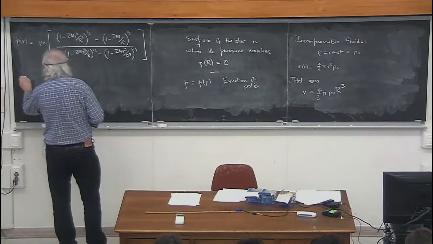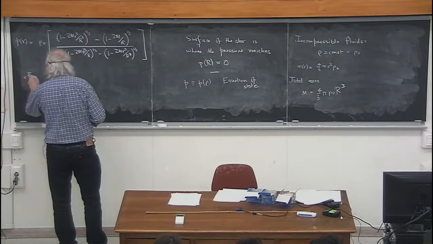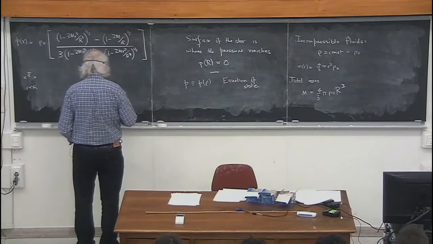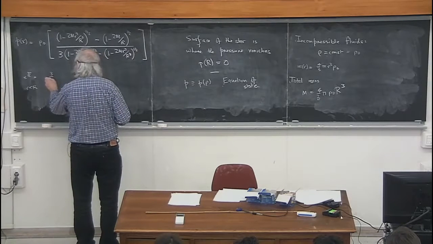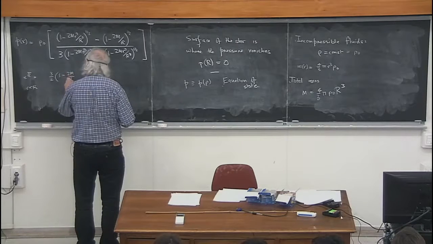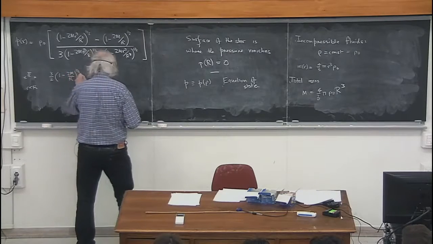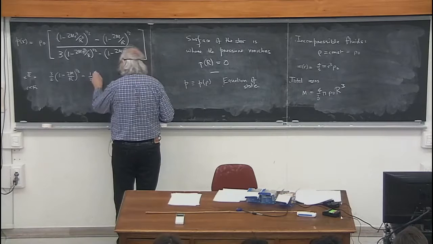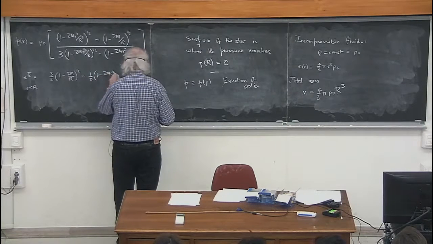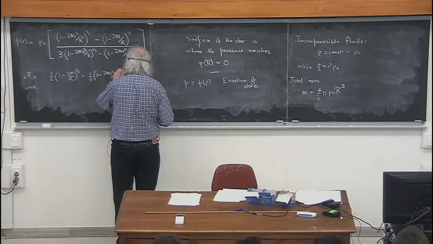If you calculate e to the phi, you will discover for r less than R, it's equal to 3/2 of (1 minus 2m over R) to the half, minus a half into (1 minus 2m r squared over R cubed) to the 1/2.